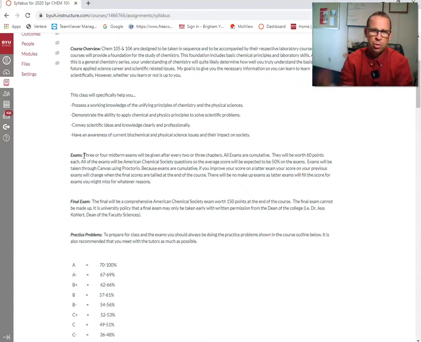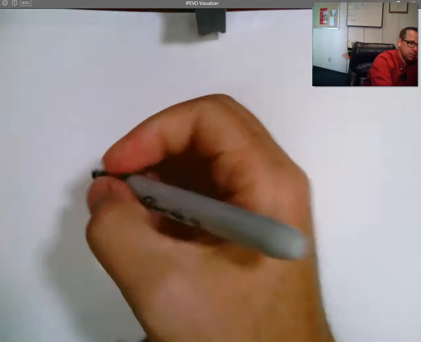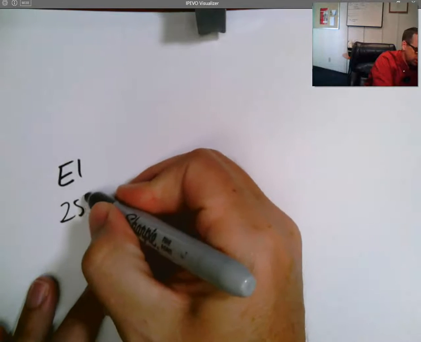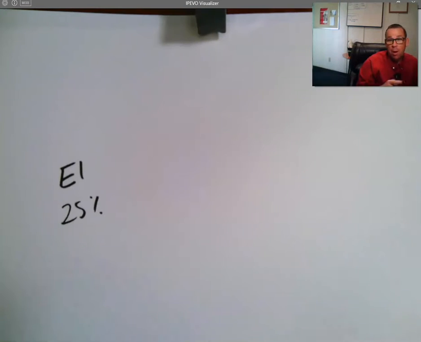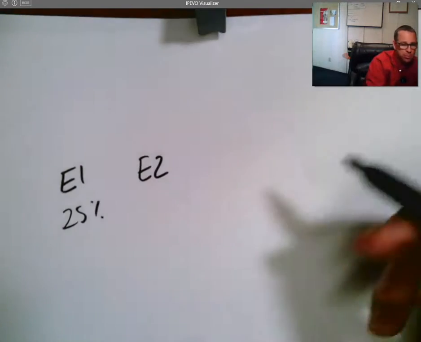Because all the exams are cumulative, if your exam scores improve as you take the exams, then previous exam scores will be changed. So for example, if I take the first exam, exam 1, and I get a 25% because I wasn't aware of how things were supposed to go and I didn't perform very well.